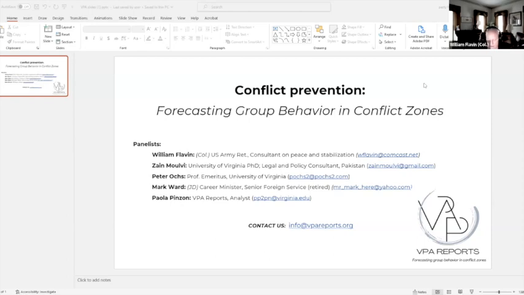We've all been in conflict-affected regions, faced with many actors who are essential to building peace. Knowing, understanding behavior, and being able to predict behavior, of course, as we know, is essential. Today we will discuss some tools that have been developed in recent times that may be of use to you.